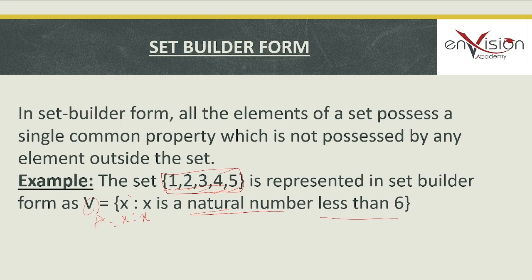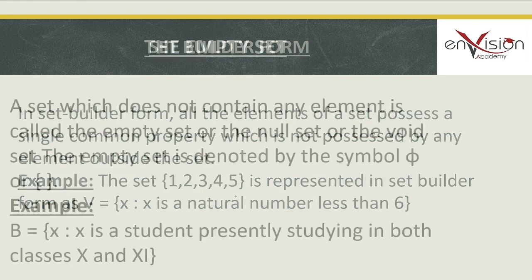Here we are saying it includes all that x where x must be a natural number and that must be less than 6. So in this set we have to include all those elements which are a natural number and also less than 6, and that is clear from here that 1, 2, 3, 4, 5 will be the elements of this set. So this is a kind of set builder form.